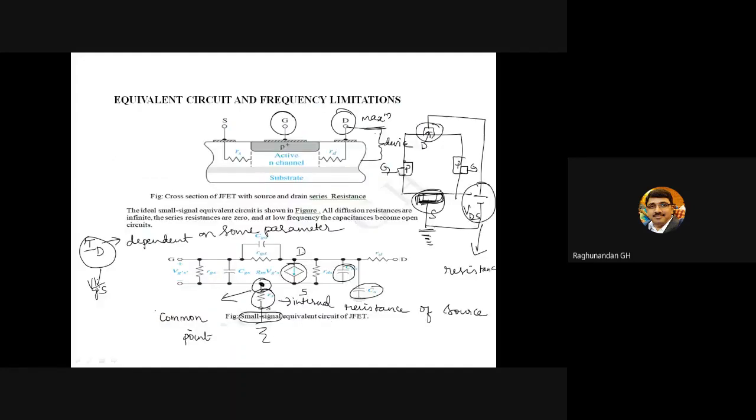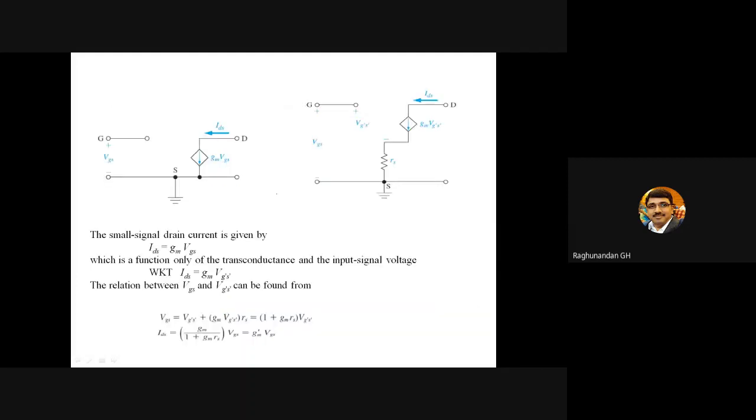We ignore RGS, CGS, RGD, CGD, all the resistances we have discussed so far. On neglecting them, we obtain the ideal equivalent circuit. In the ideal equivalent circuit, there is only a current source and a ground.